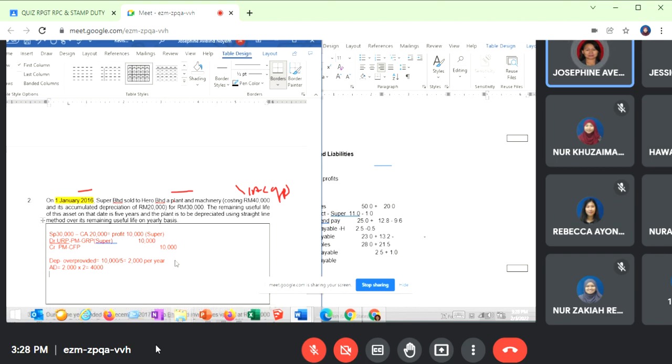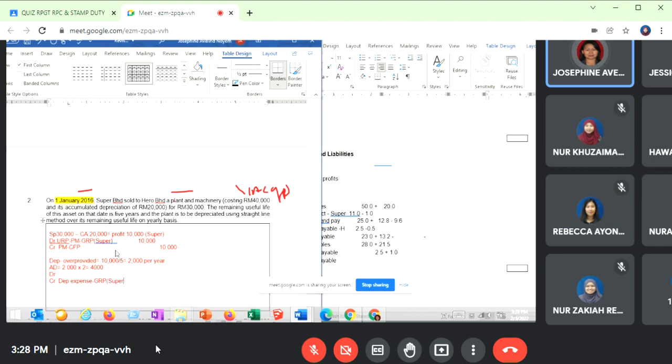All right, double entry. If depreciation is over provided, we're going to reduce it, so we credit depreciation expense. This depreciation expense is recorded in the group retained profit of Super.